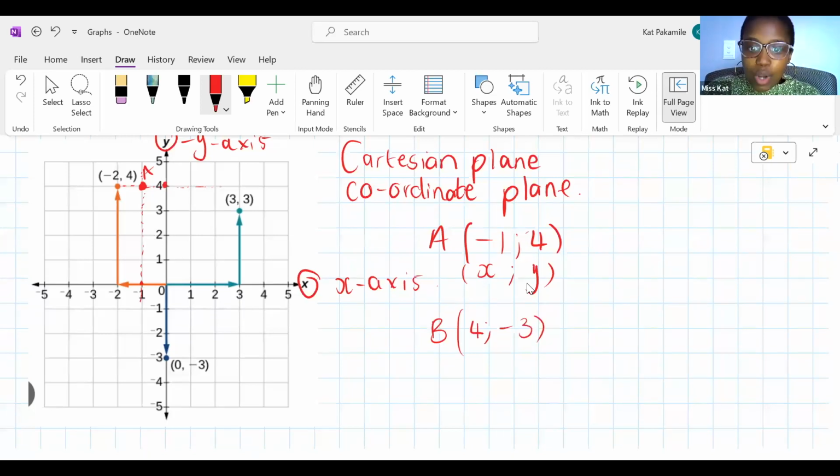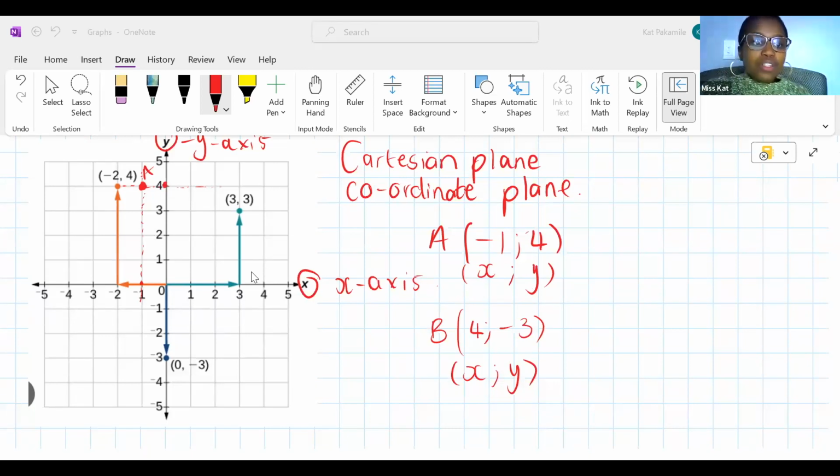Again, we always start with the X and then the Y coordinates. So the 4, am I going to look for the 4 on the X or the Y axis? The X axis, okay?